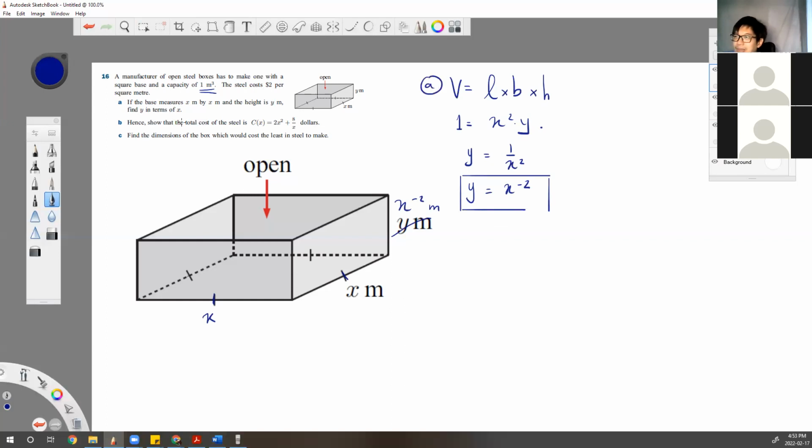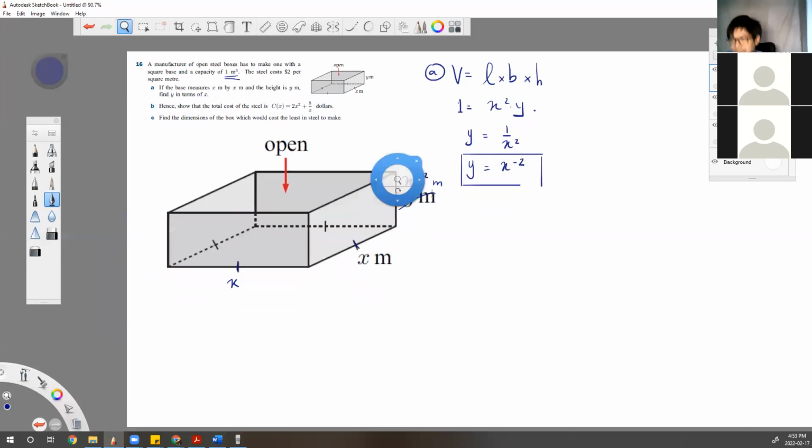Part B, hence show that the total cost of the steel, we don't want to find the cost first. We have to find the area. So area is left, use the simple or old school way. Top, no, not top, because it's open. Bottom, front, back, right?